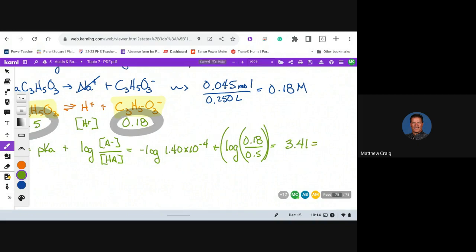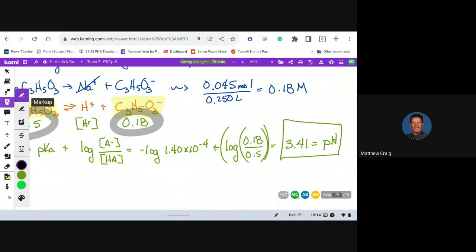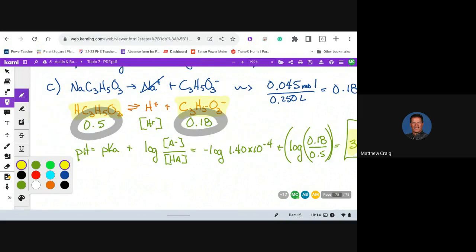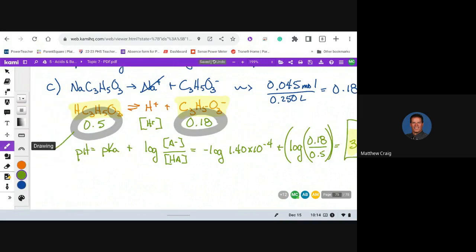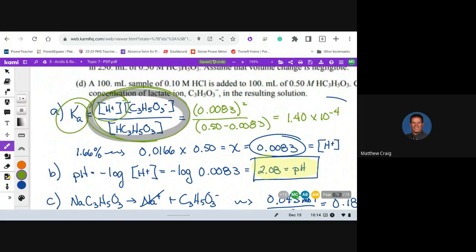So if you don't use Henderson-Hasselbalch and you just do it the normal way, do you have to show the Ka? No, because you have concentrations for your weak acid and your common ion, which do appear in our expression up there.